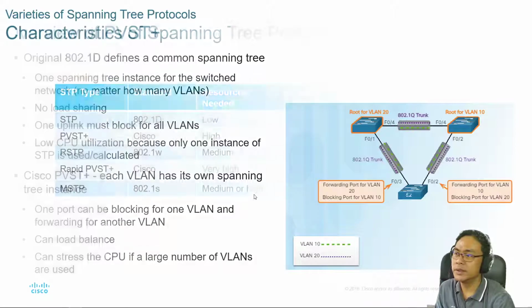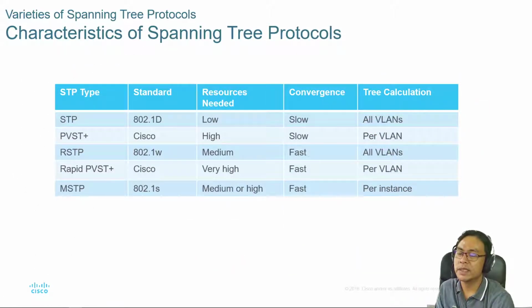So let's go now to the characteristic. So maybe you are concerned about how resources are being used. So ayan, tingnan nyo na sila. STP low, high for PVST Plus, medium for RSTP. Very high for Rapid PVST Plus, and medium or high for MSTP.